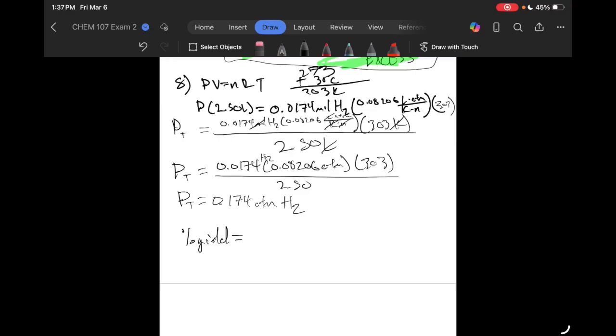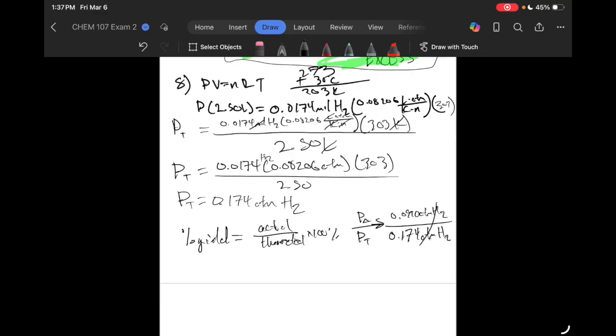The way that we find this is percent yield is equal to your actual value over your theoretical value, times 100%. In this case, we have P actual over P theoretical. So P actual was 0.0910 atmospheres of H2 over our P theoretical, which we just found to be 0.174 atmospheres of H2.